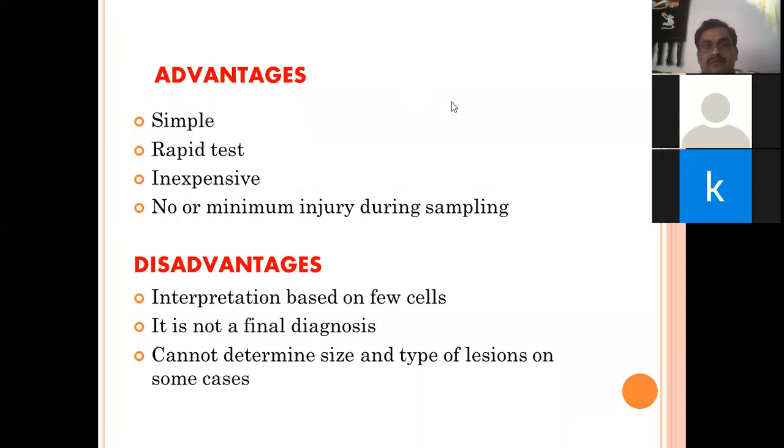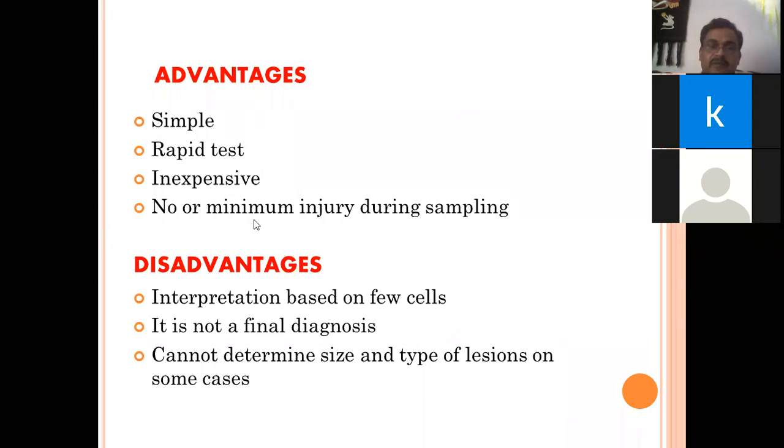Also, during collection of the sample there is no or minimal injury. In the case of exfoliated cells in urine or sputum, there is almost no injury. In the case of aspiration or interventional cytology, there can be some minimal injury.